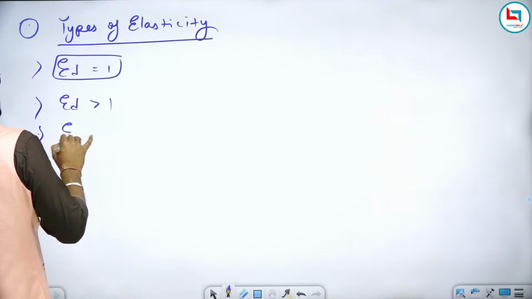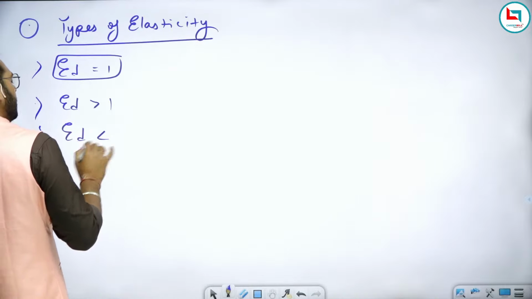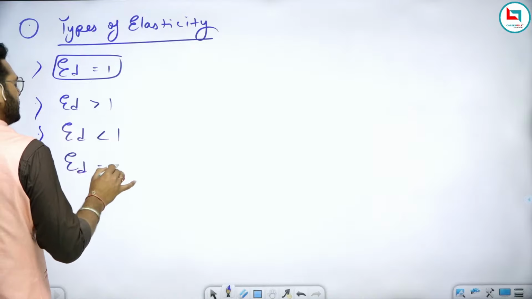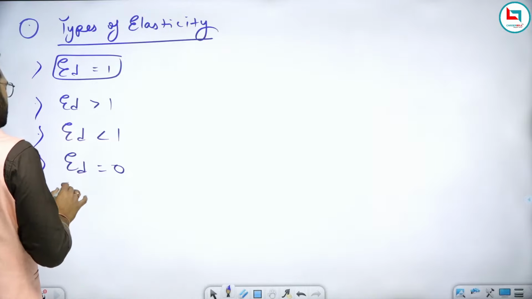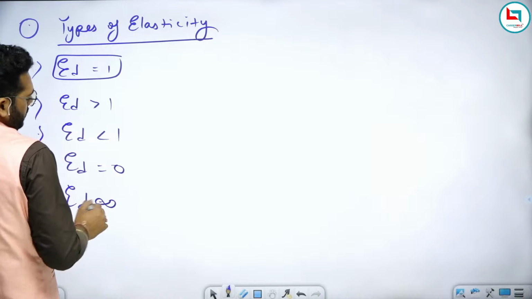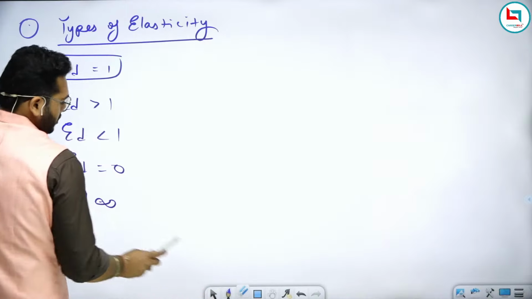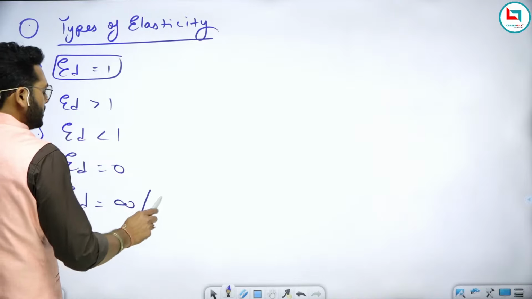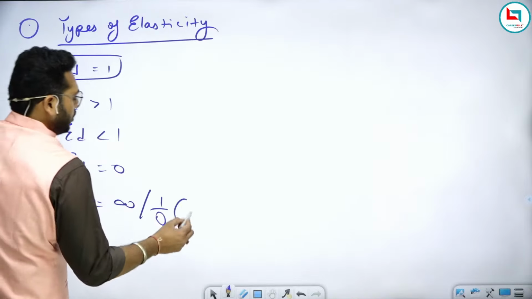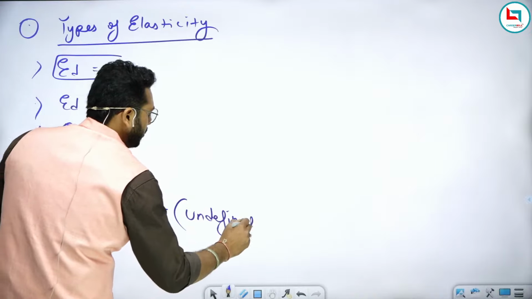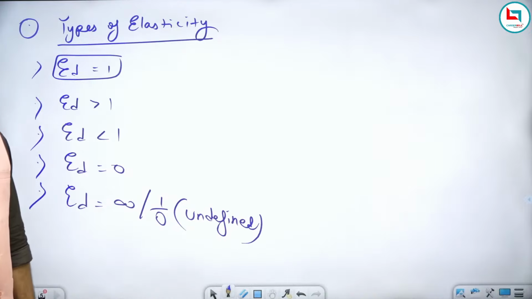Third, AD is less than 1. Fourth, AD is equal to 0. And last, AD is equal to infinite, or you can say 1 upon 0. Undefined. Understood? This is what undefined.